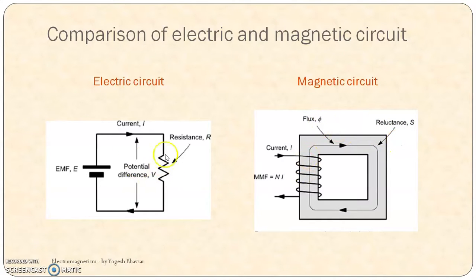So when we equalize the parameters, in electrical circuit there is an EMF, in the magnetic circuit there is MMF. In electrical circuit there is a current, in magnetic circuit there is a flux. In electrical circuit there is a resistance, and in magnetic circuit there is a reluctance. Based on this, let us see some points one by one.